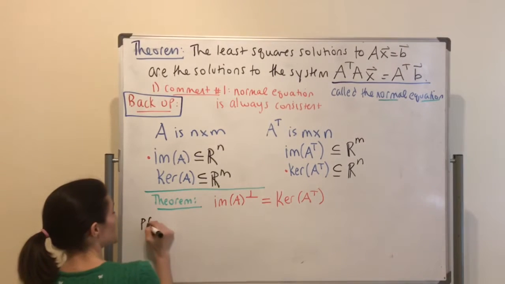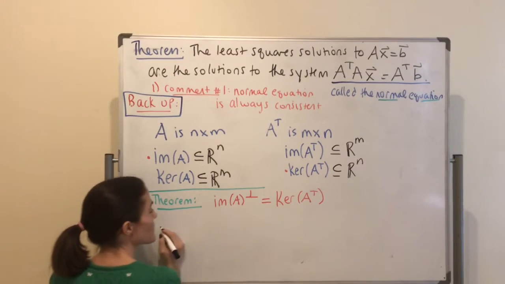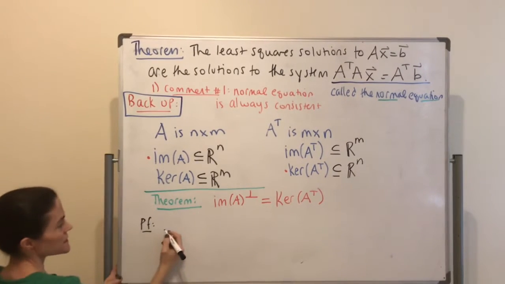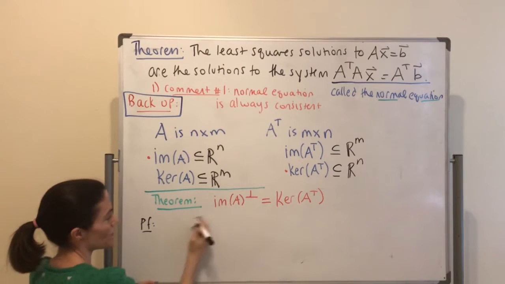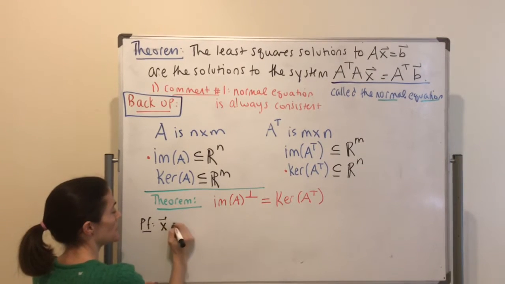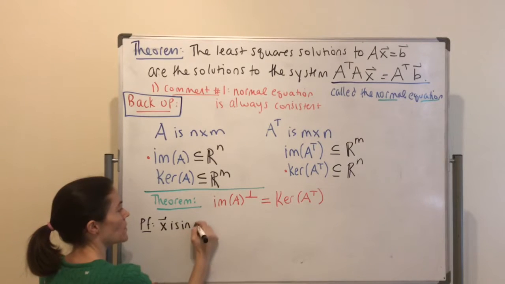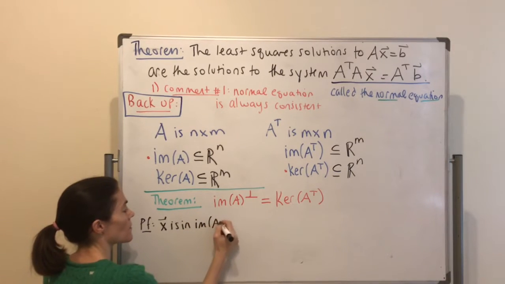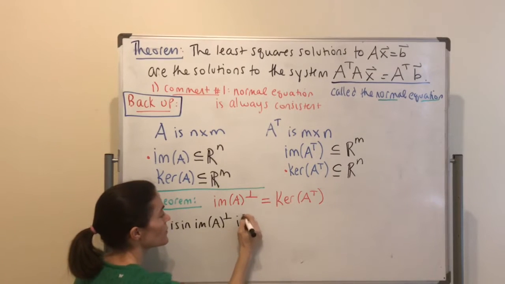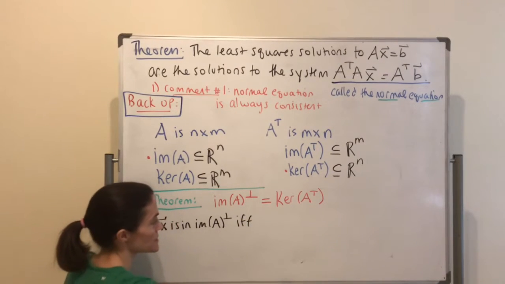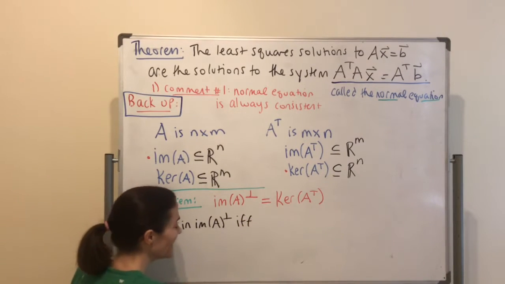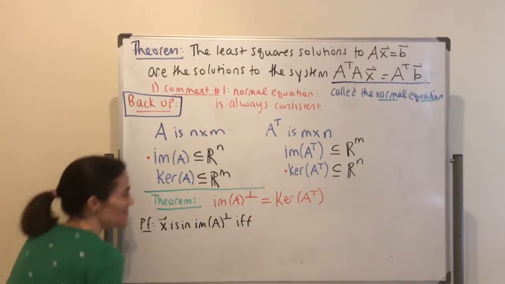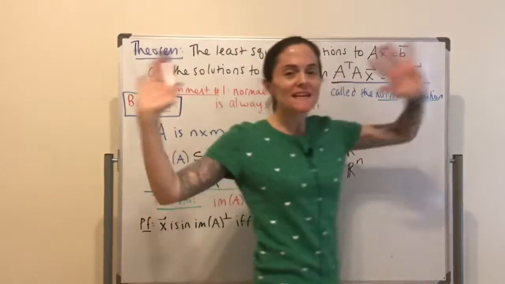Let's prove this. I'm going to have a big string of if and only ifs here to show that in fact these two are equal. So x is in the image of A perp if and only if... Uh-oh, I'm not ready to start. Well, I need to give myself some columns of A, because what is the image of A?